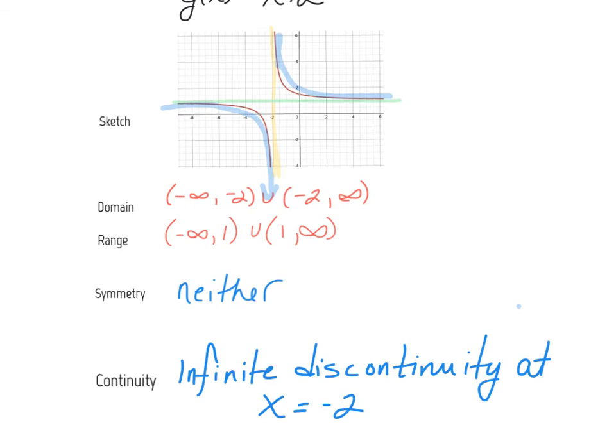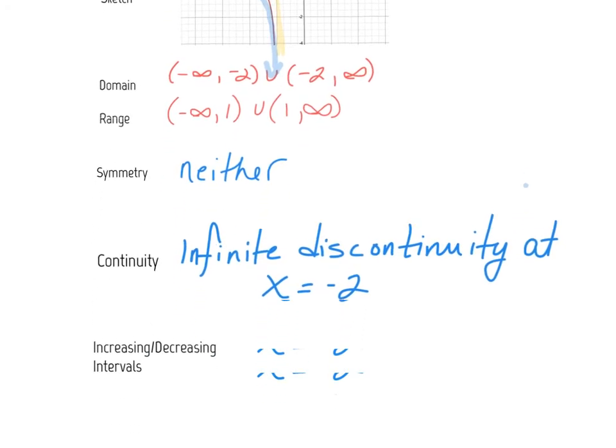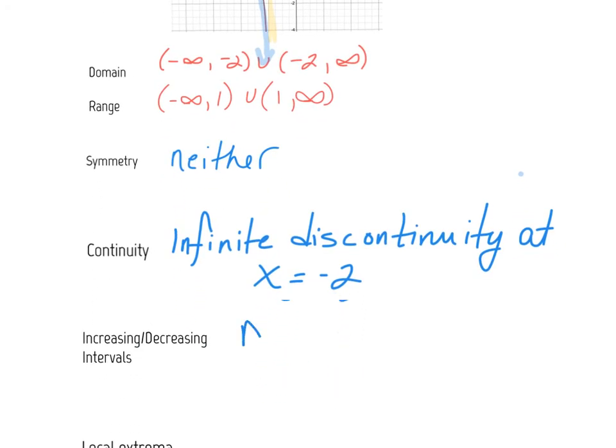It's forever decreasing, but there's a break at -2, so it's really decreasing for the entire domain. So I'm really just stating my domain again. I'll just say decreasing from negative infinity to -2, union -2 to infinity.